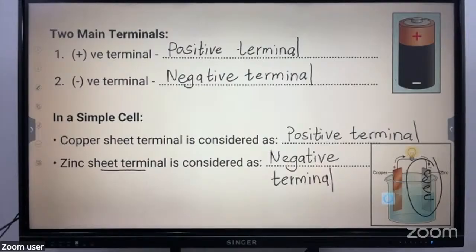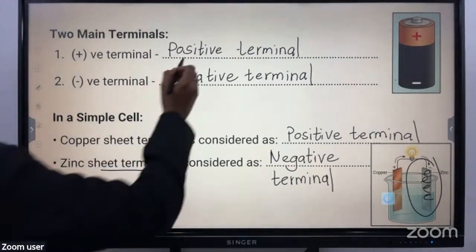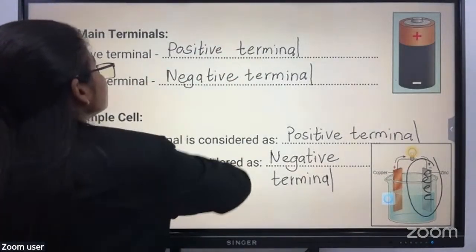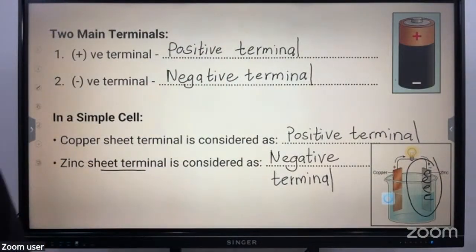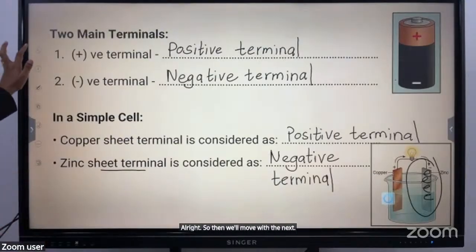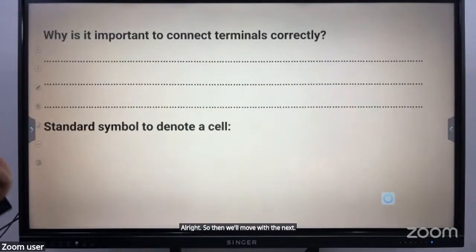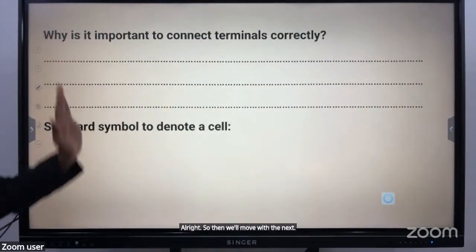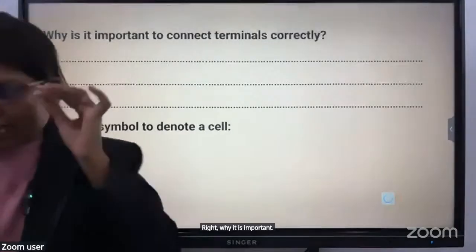Okay, children. All right, then we'll move on to the next. Why is it important to connect terminals correctly?